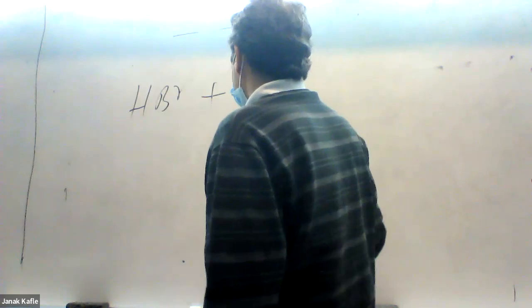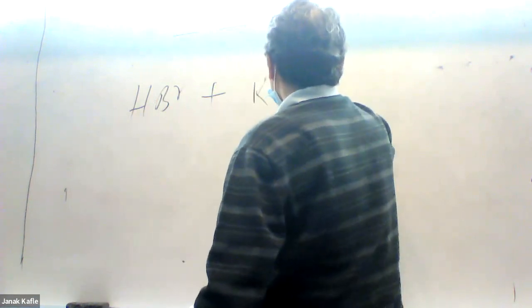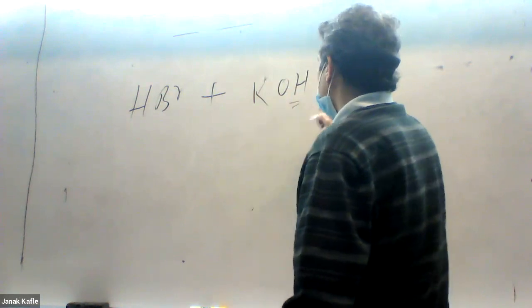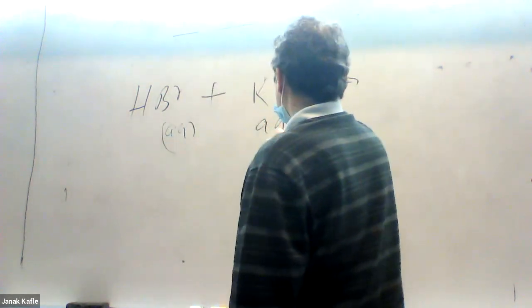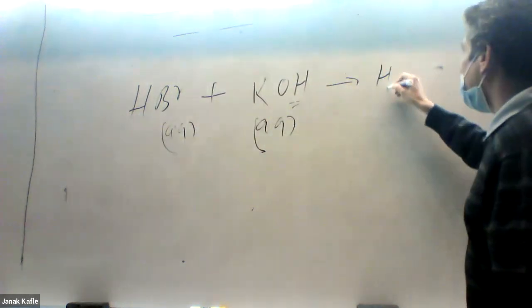So let's write another one. HBr. This is also an acid because the H is sitting with Br there. If I throw it in water, it gives H plus, and I can react this with potassium hydroxide. This is a metal sitting with OH. Now I'm doing this reaction in water, so I need to write aqueous. This first guy is going to sit with the second guy, that is H2O.